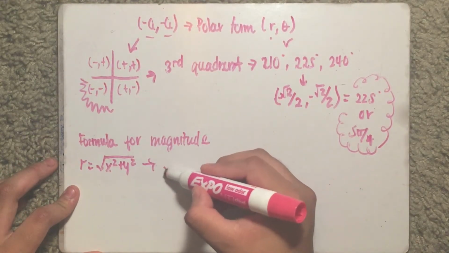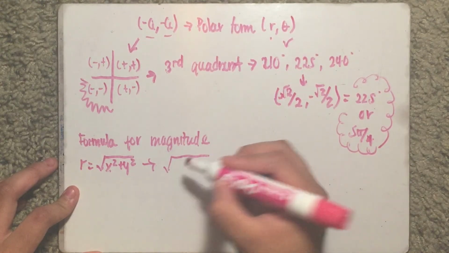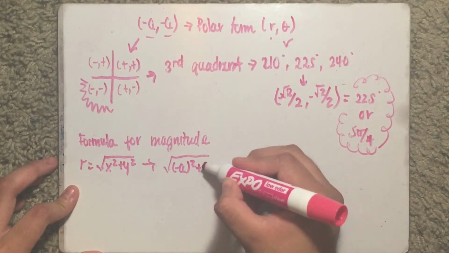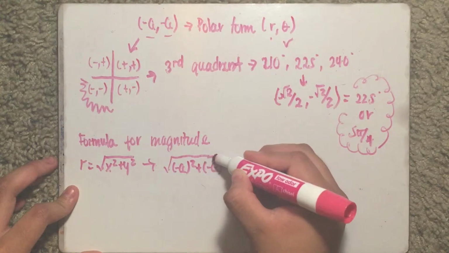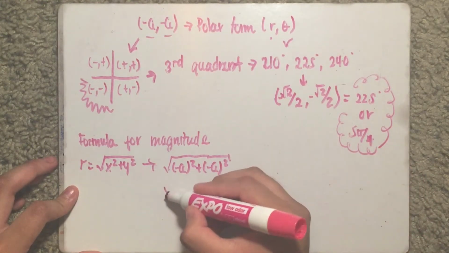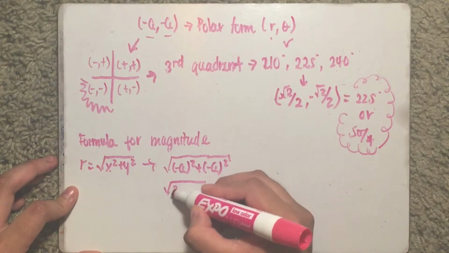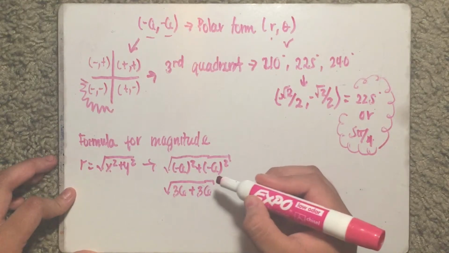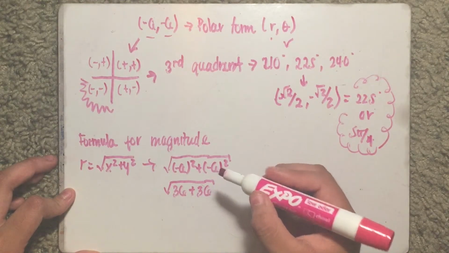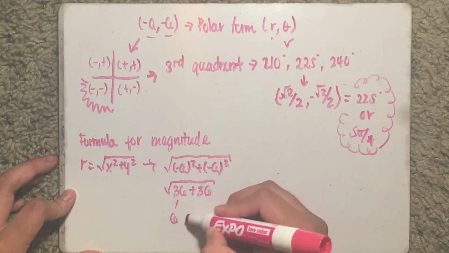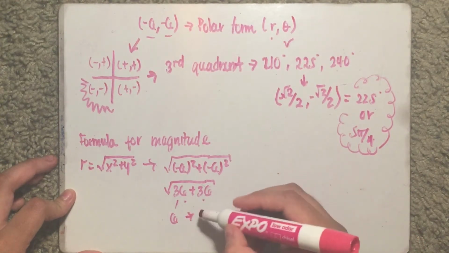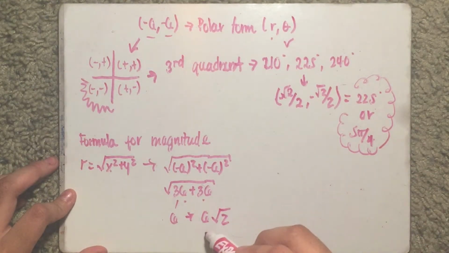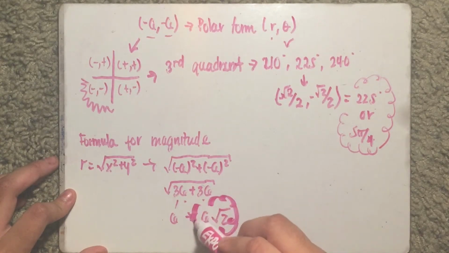So we plug in the x, so negative 6 squared plus negative 6 squared under the radical. And of course, a negative that's being squared will be positive, so it would be 36 plus 36 inside of the radical. Now the square root of 36 is 6, so it would be 6 times the square root of 2.